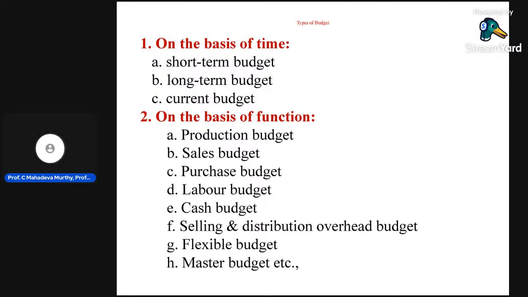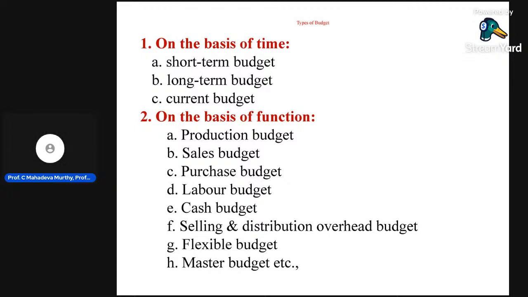Then selling and distribution overhead budget. For the selling and distribution department, because of the duty of selling and distribution of the goods and services, that overhead budget is also most important. Because of the flexible budget, as we have seen, it is flexible, either 10% or 5%, depending upon that.